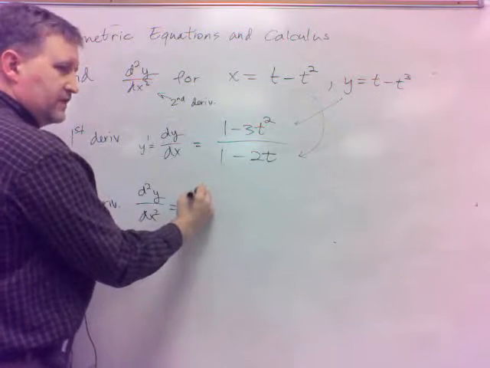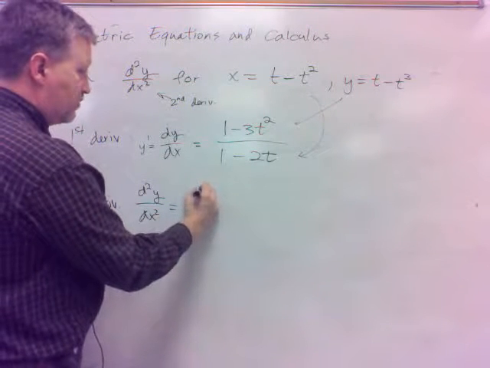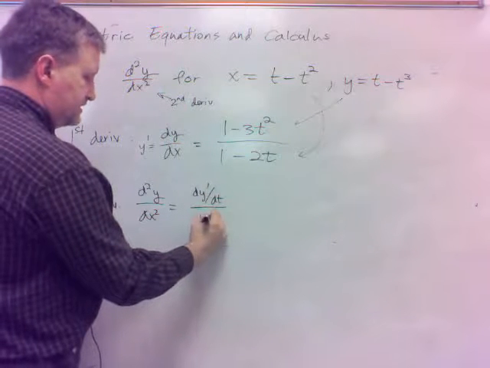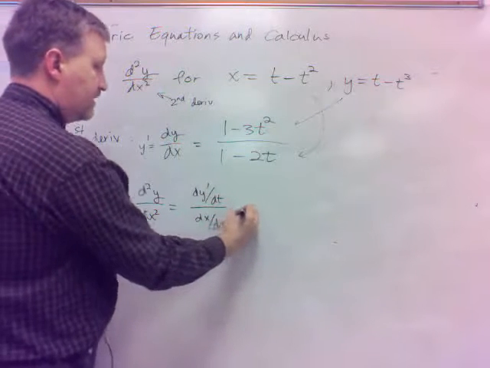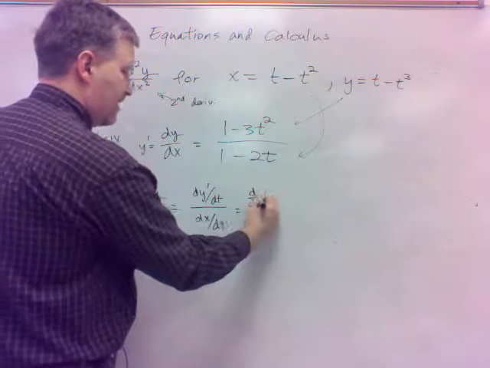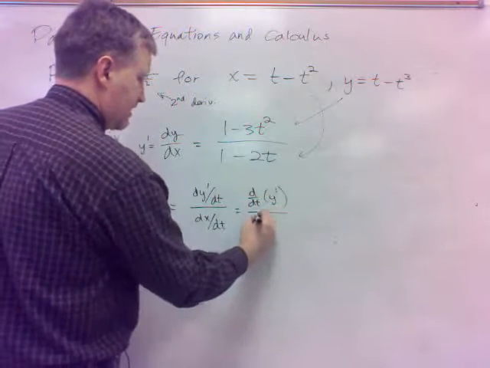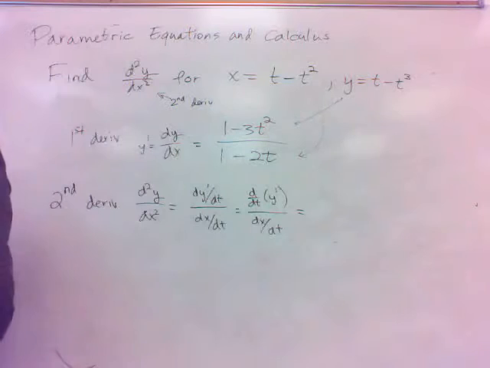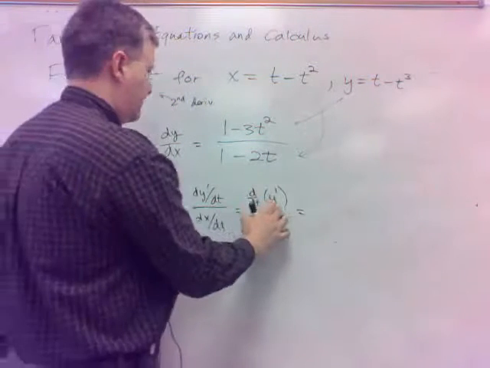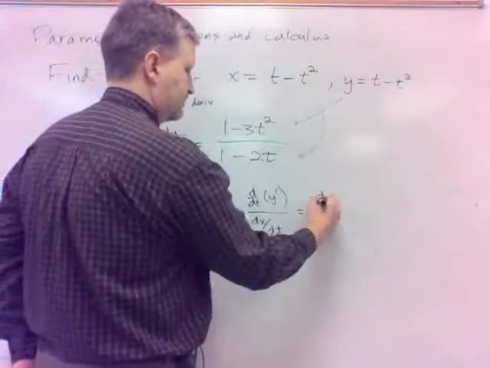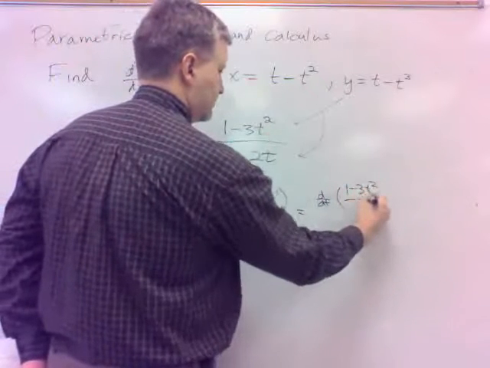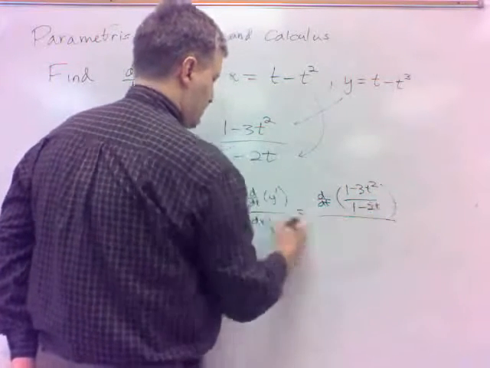The second derivative is dy prime dt over dx dt, or even better yet, d dt of y prime over dx dt. That might be an even better way to write it. That's how you do the second derivative, because I'm going to do the derivative of the first derivative, which is this, over dx dt.